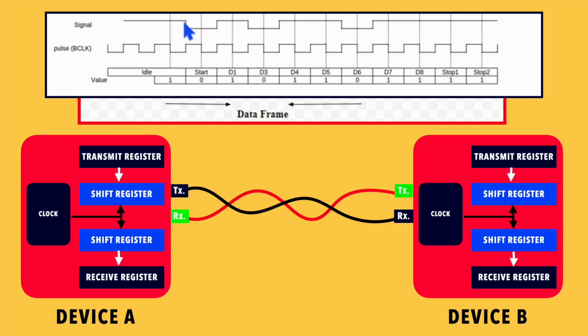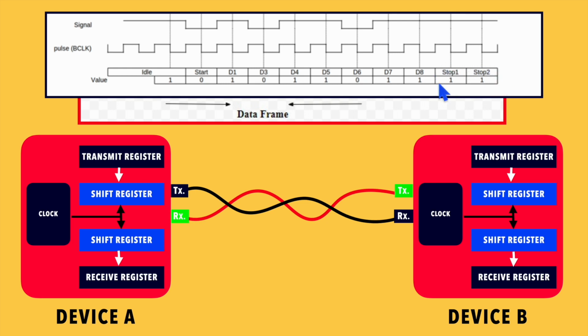So when this signal has become low for more than half of the cycle, that will be treated as a start condition. And after that, whatever data is coming for the next 8 pulses, per the configuration we had done for 8 bits, it will receive the 8 bits of data, and after receiving 8 bits it will expect stop bits.